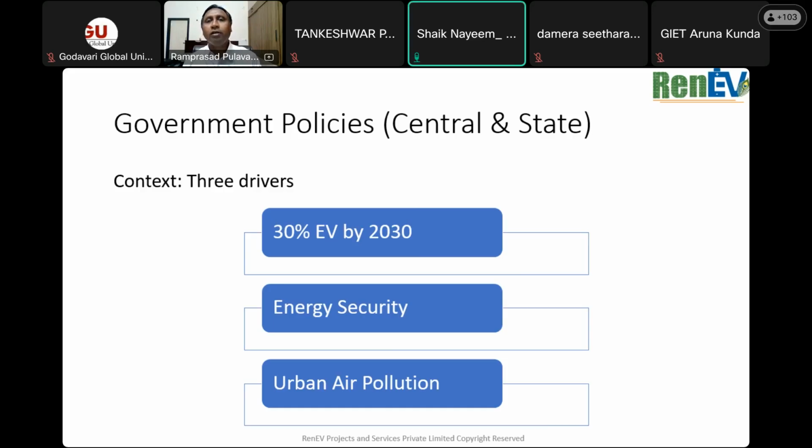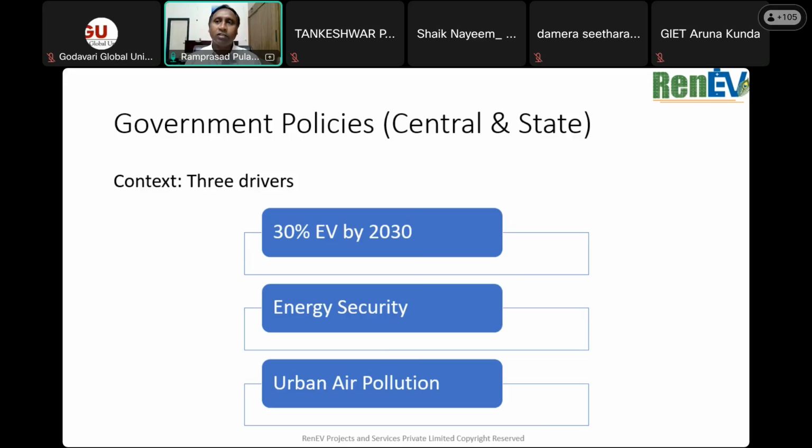So what the Government of India is planning is, they are saying, okay, we need 30% EVs by 2030. But how do we meet that particular demand? Again, like you said, if it comes from coal, not much of a benefit, right? So what the Government of India is saying is that by 2030, let's say I have 400,000 megawatt or 500,000 megawatt.